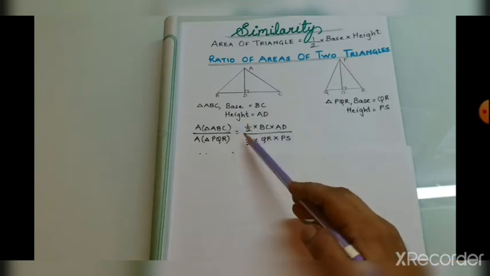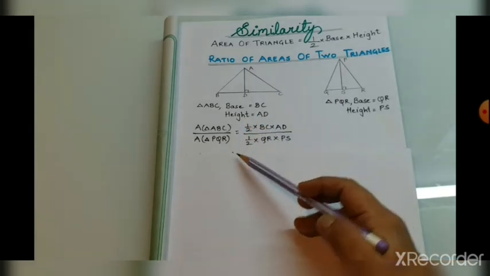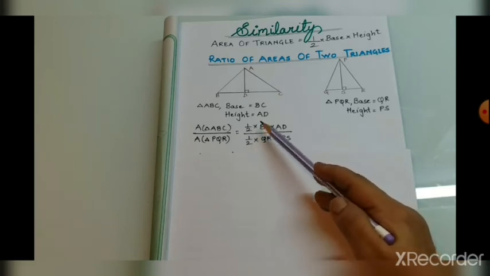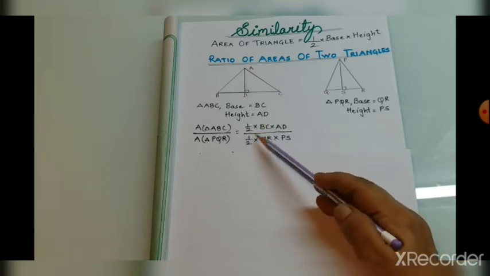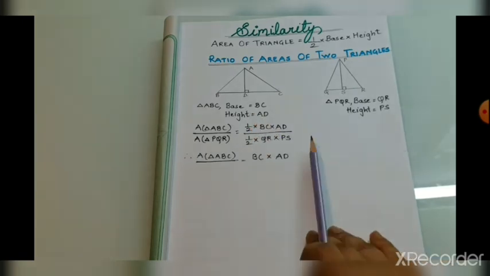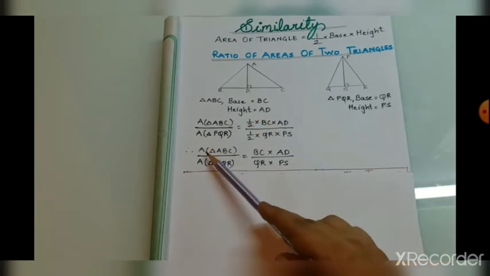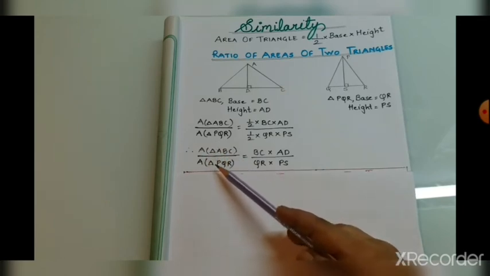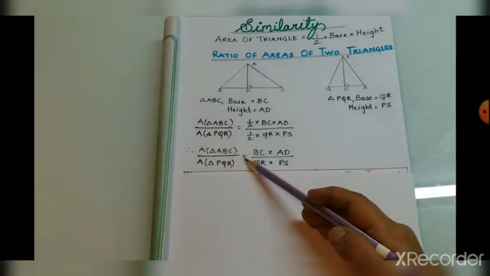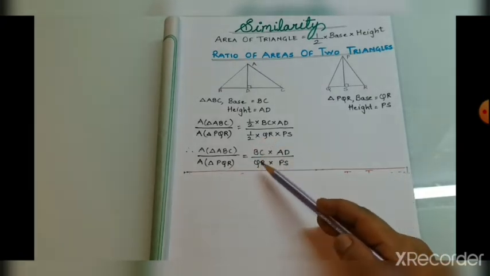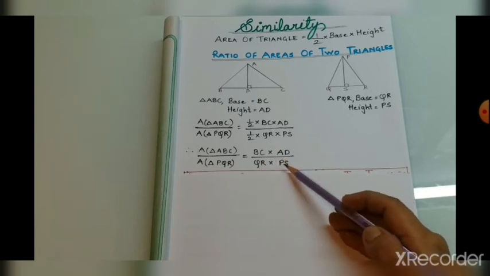What happens when we take the ratio of their areas? You will see half and half is common in the numerator and denominator, that will get cancelled. And what we get is the ratio of area of triangle ABC and area of triangle PQR is equal to BC into AD upon QR into PS.